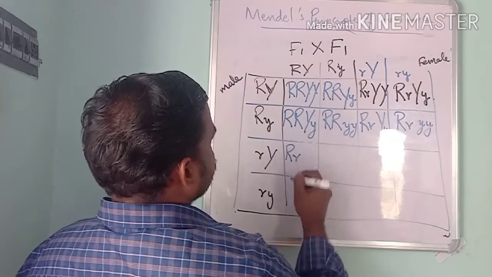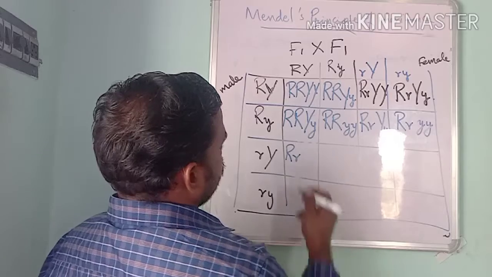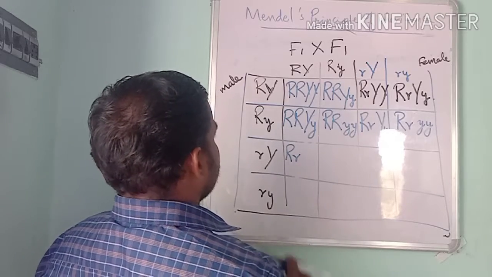Keep it in your mind: always the dominant allele is written first, followed by the recessive allele. Clear?